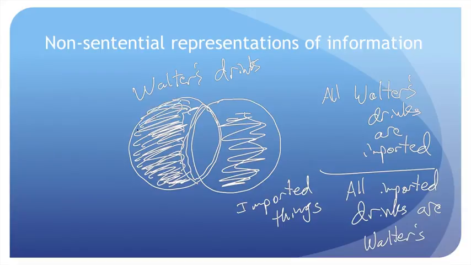This part of the Venn diagram could be shaded in, even if this part of the Venn diagram is not shaded in. And so this is an example of how we can use the Venn diagram to show very plainly and visually why certain arguments that use the information all Walter's drinks are imported are valid and certain of them are invalid.